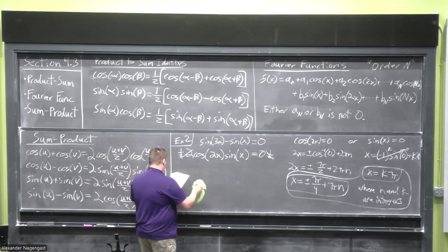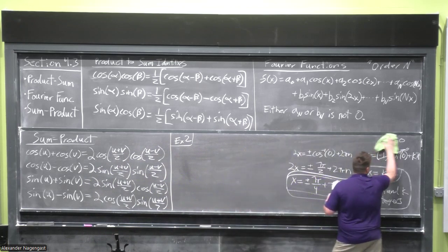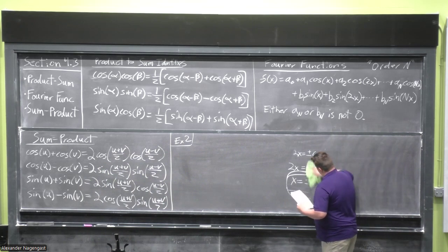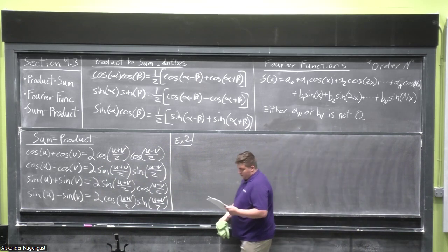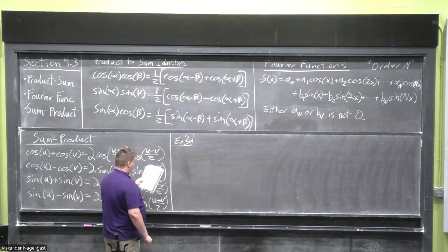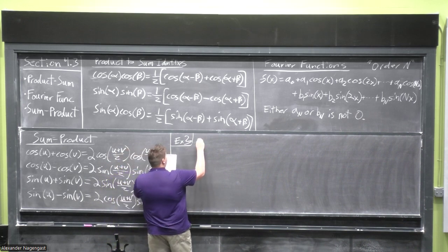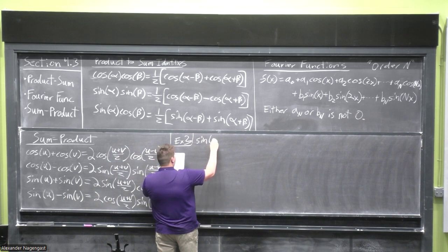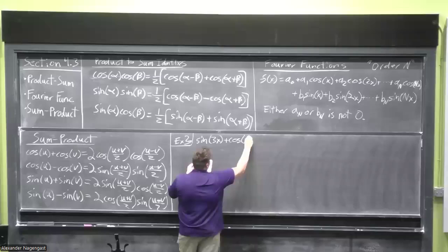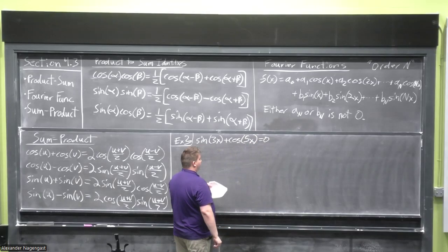So let's do another example. Example 3. We want to find all solutions to sine of 3x plus cosine of 5x, and that equals 0.